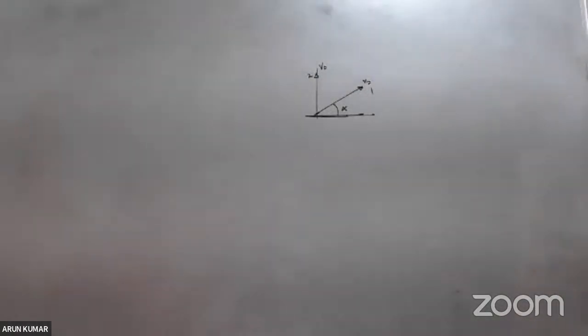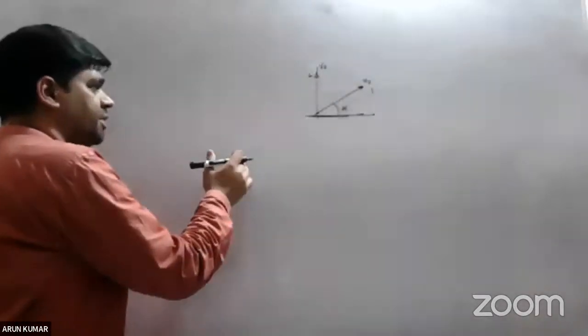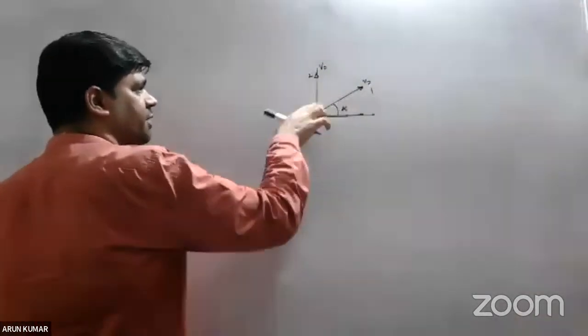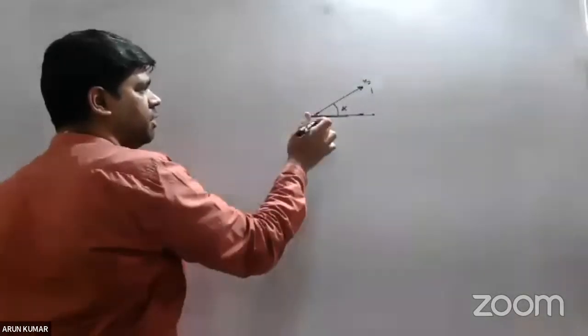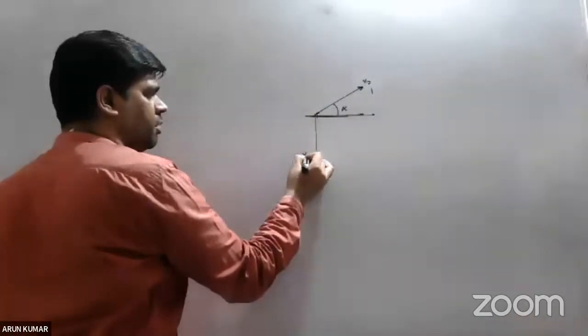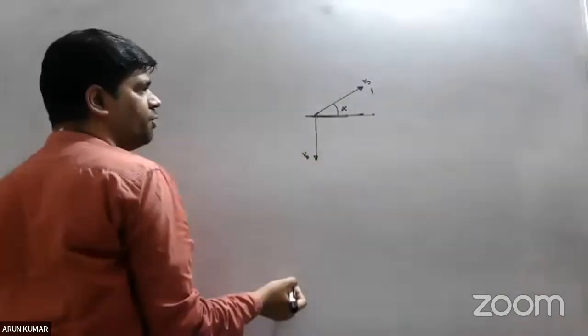So I need the velocity of 1 with respect to 2, let's say. The velocity of 1 with respect to 2 is v1 minus v2. So I flip this one, and this is my velocity of 1 with respect to 2.